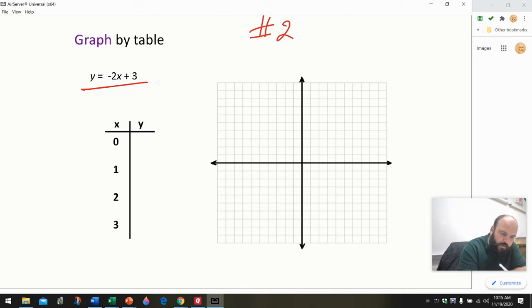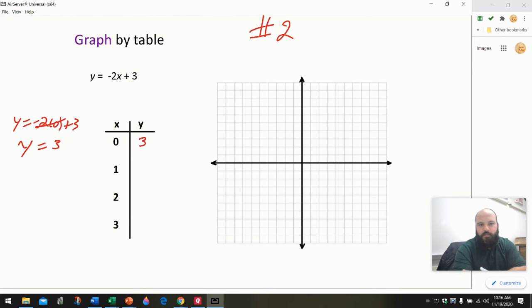The first one is we're going to take this 0 and put it in for x. When I write that, I have y equals negative 2 times 0 plus 3. By plugging in the 0, it cancels the negative 2 out, and we're just left with y equals 3. So I write a 3 right there. Now the next one I'm going to plug in is this 1, for x.